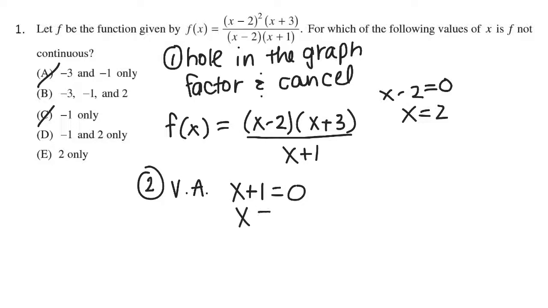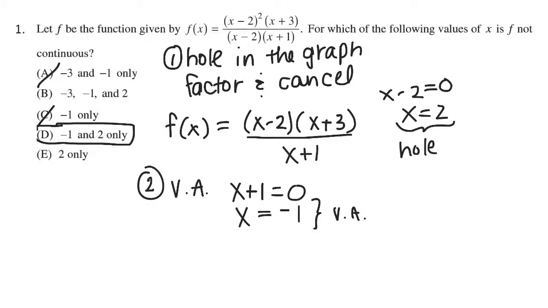So x would be -1. So here I have a vertical asymptote at x equals -1, and then this was a hole in the graph at x equals 2. So it looks like my two places where f is not continuous is at D, -1 and 2.